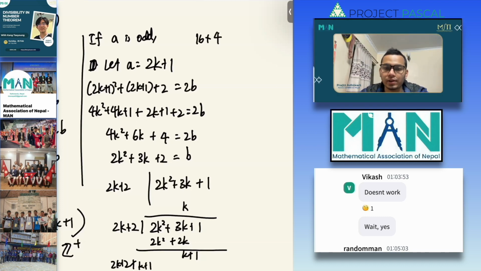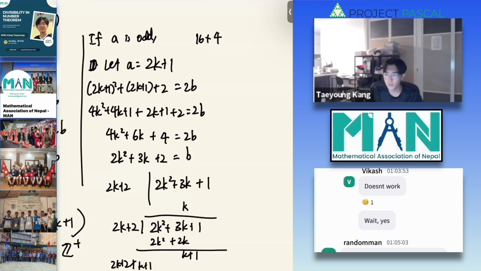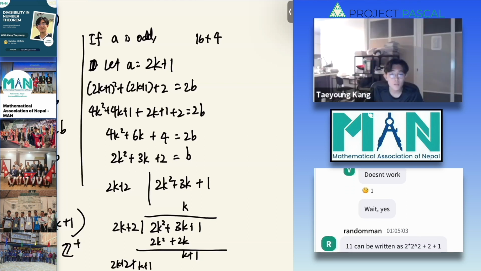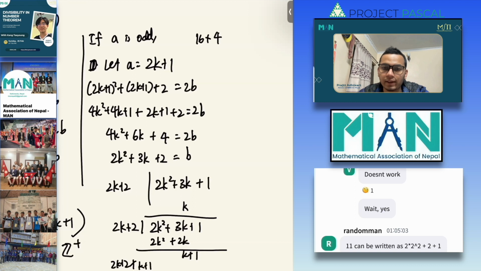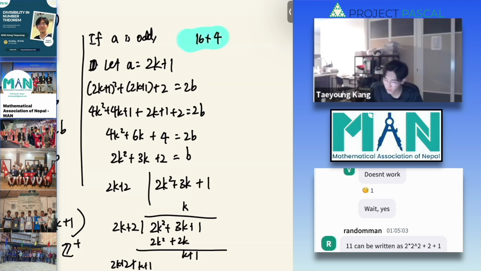It does work, but it works because A is even. Yeah, so only A even gives a solution, right? Mm-hmm. Yeah, A odd doesn't work.